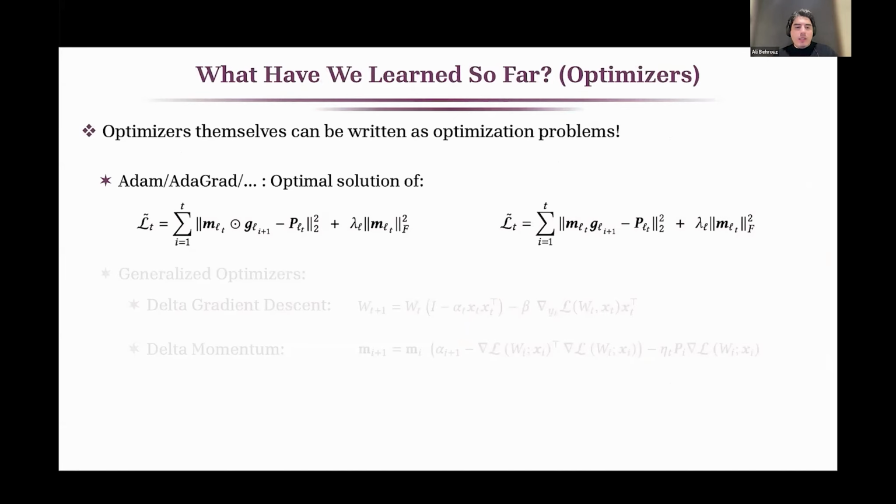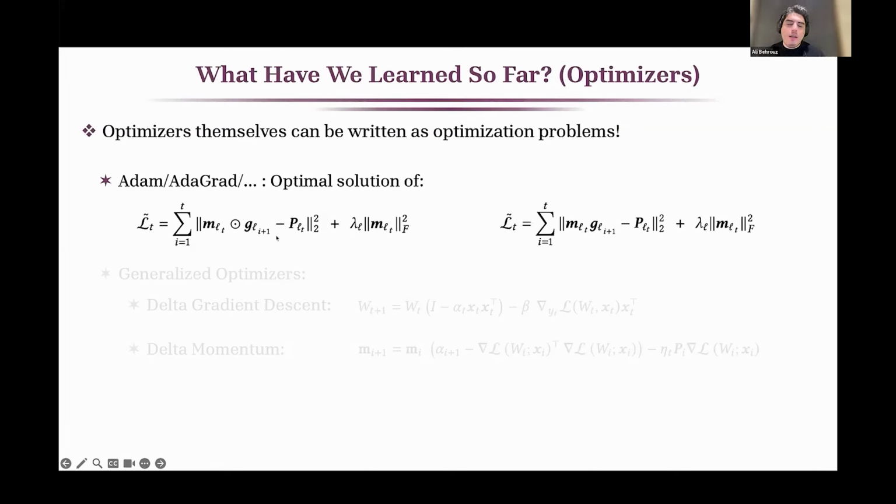I'm not going into the details, but in the paper we go into more discussion about optimizers and how we can write them as a form of associative memory. Two interesting examples are Adam and AdaGrad. In the paper, we discuss that Adam and AdaGrad are optimal solutions of these objectives.